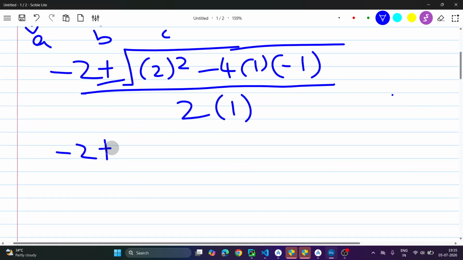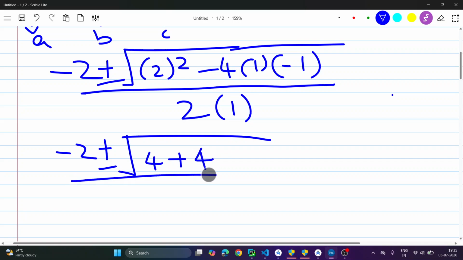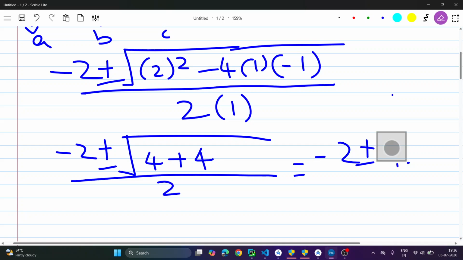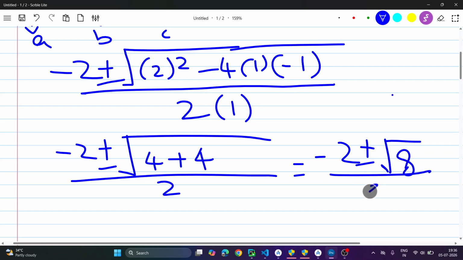Minus 2 plus or minus the square root of 4 plus 4, divided by 2. This is equal to minus 2 plus or minus the square root of 8, divided by 2.